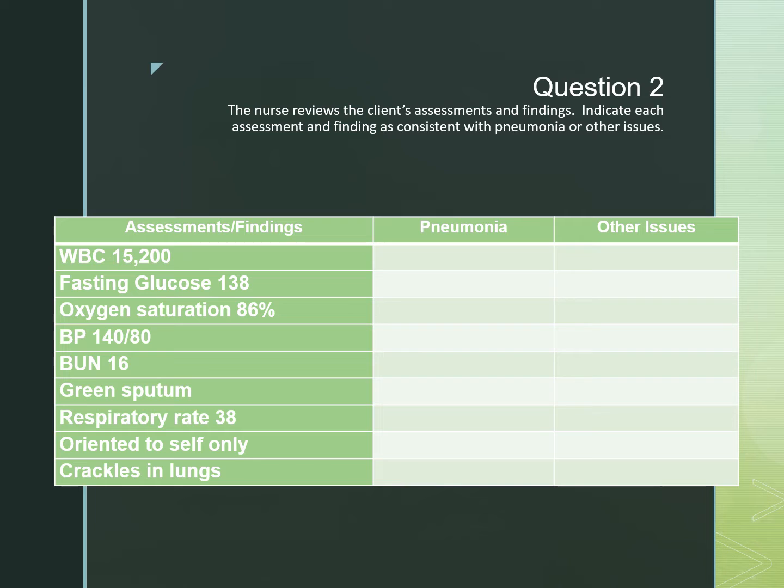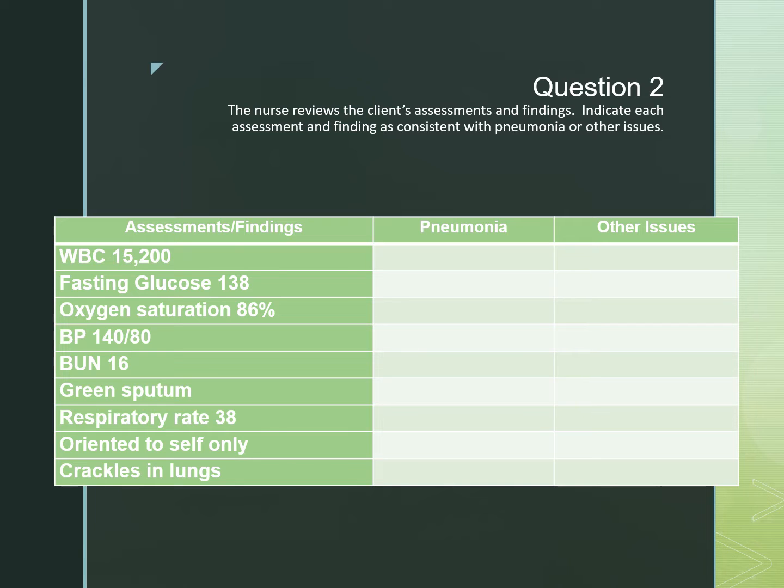BUN of 16. This one also is other issues. Green sputum, pneumonia. Respiratory rate of 38. This is pneumonia also. Oriented to self only.